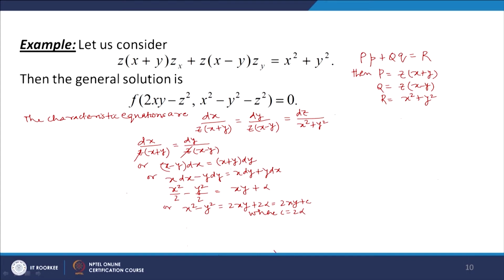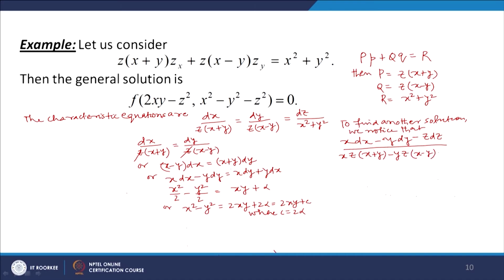Let us find another solution. So, we notice that x dx minus y dy minus z dz, if you consider, then this is x into (zx plus y) minus yz into (x minus y) minus z times (x square plus y square).